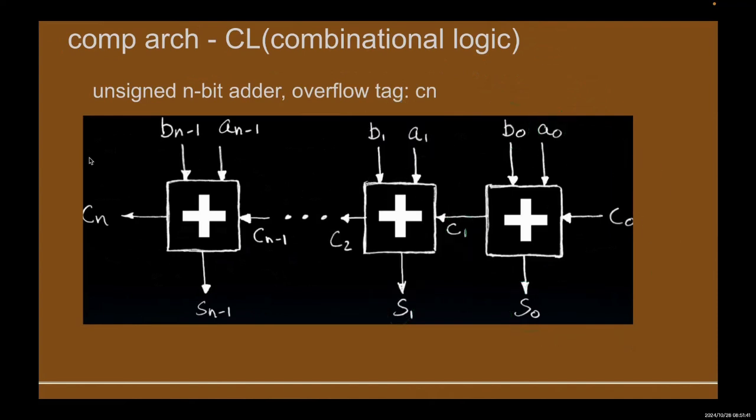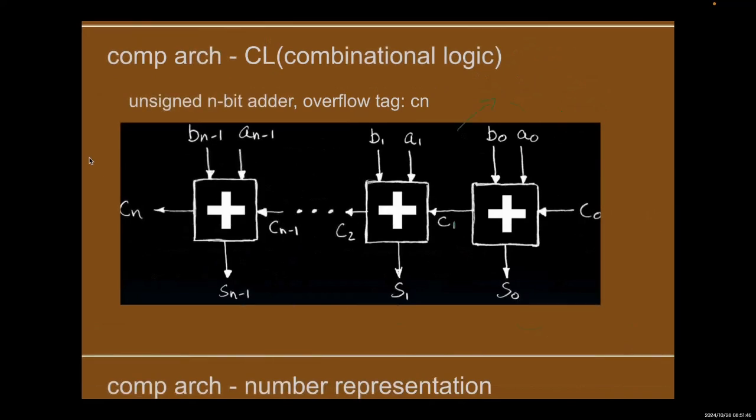And you can also put this into a black box, so we only care about the A0 to An and B0 to Bn. Or actually, it's An to A0, Bn to B0.